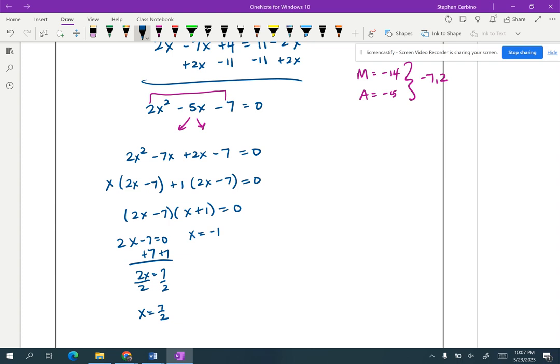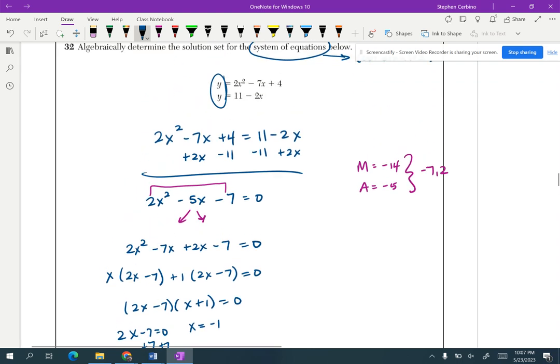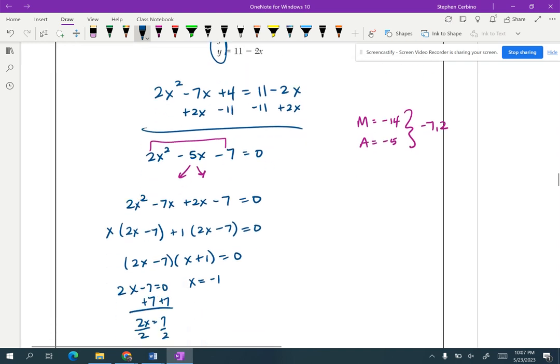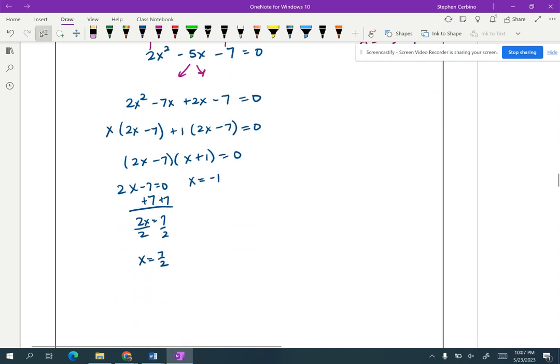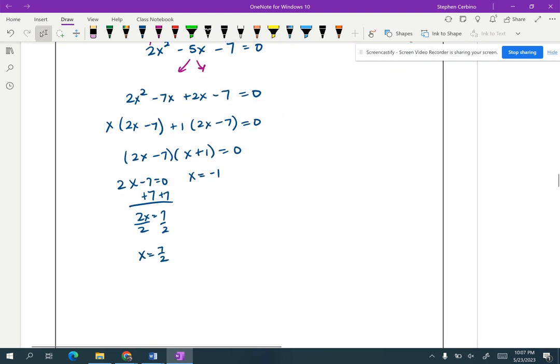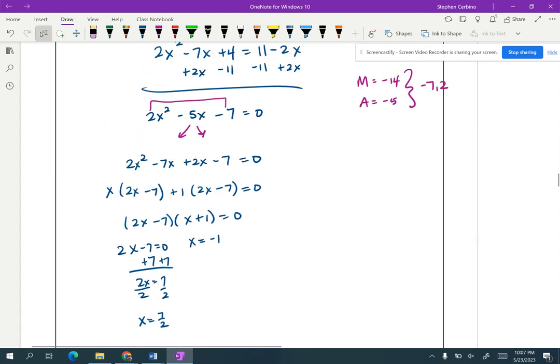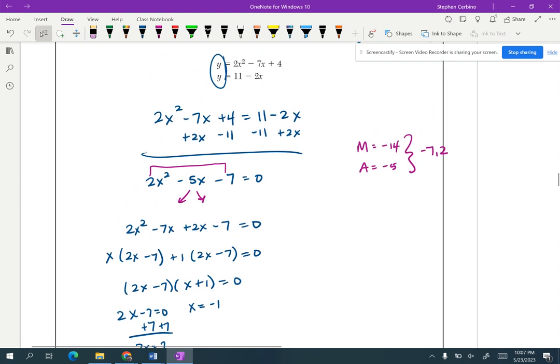Now, we're not done. And again, remember, this is a part 2 question. All of that algebra only got you 1 point. So to get the other point here, you have to plug those x values back into one of the original equations and find the y values. So I would use that second equation. It's easier.